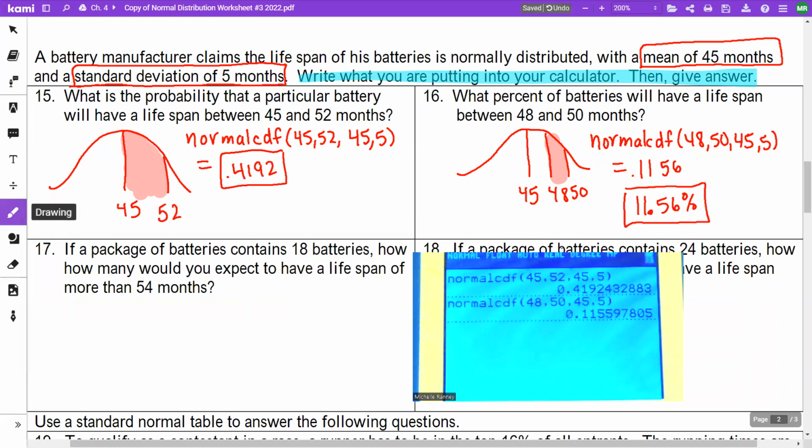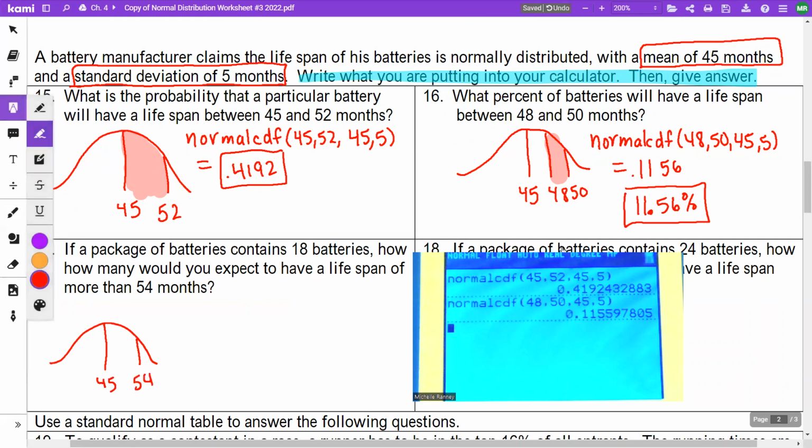On number 17, if a package contains 18 batteries, how many would you expect to have a lifespan of more than 54? So remember, 45 is our mean. We want to have more than 54. Now we want to know how many out of 18. So first thing I need to do is find the percent.